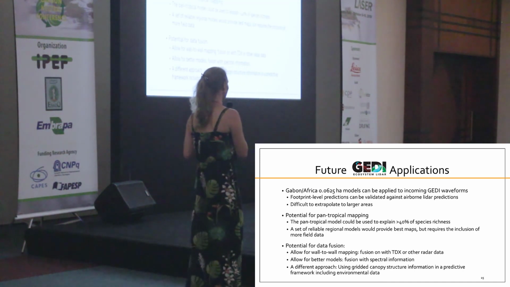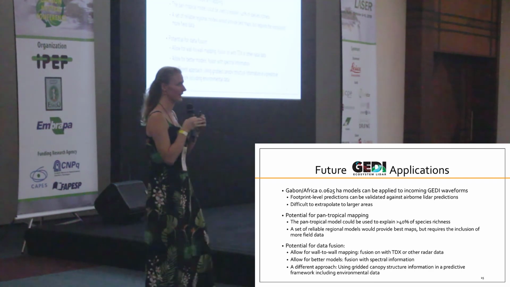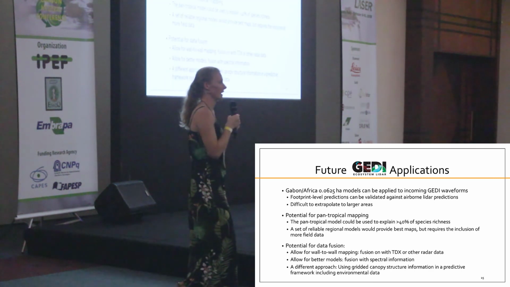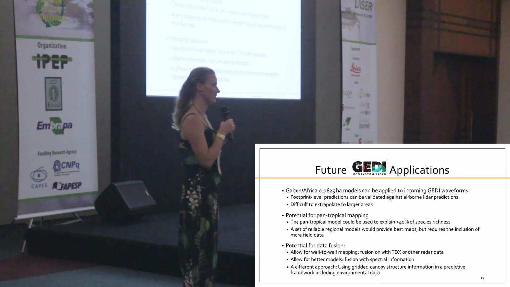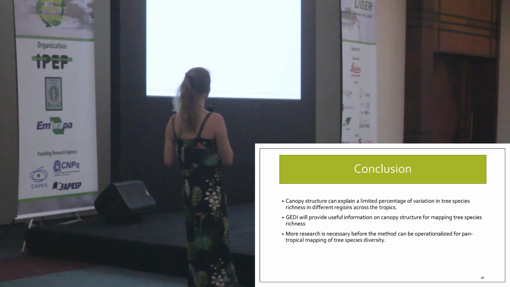Or you might go with a different approach and use gridded canopy structure information from GEDI in a framework that uses environmental data and species richness reference data to predict tree species richness across the tropics.